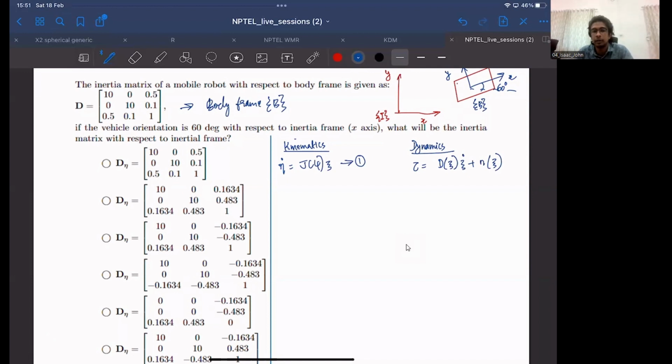You are required to find the mass matrix with respect to the inertial frame. I label this as equation 2. In the dynamics term we have a zeta dot component, and in the kinematics we only have a zeta component. So we differentiate equation 1.